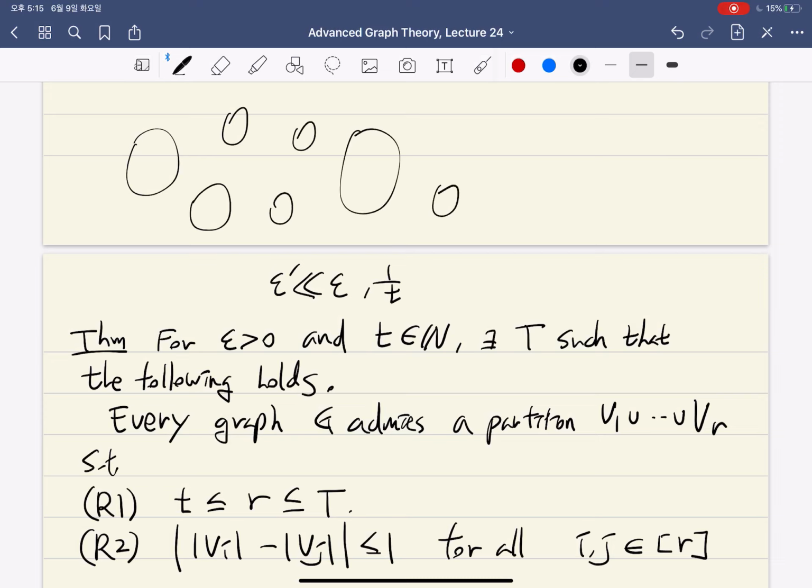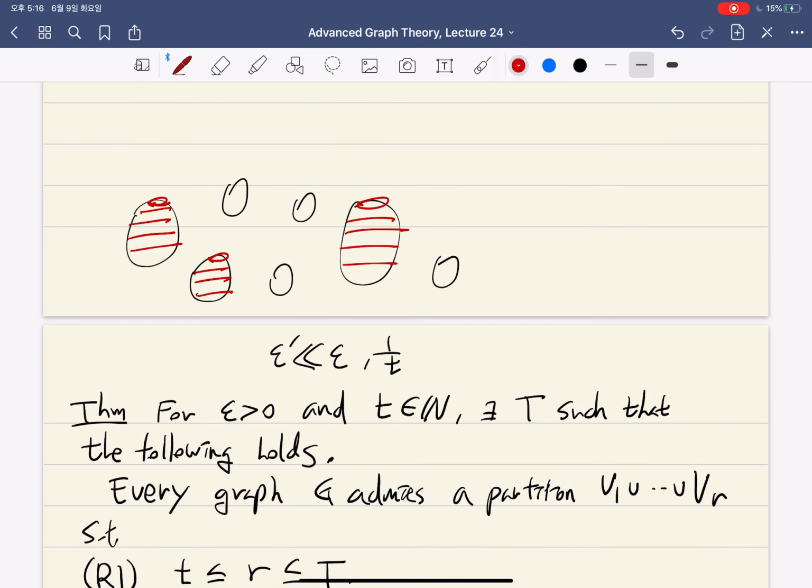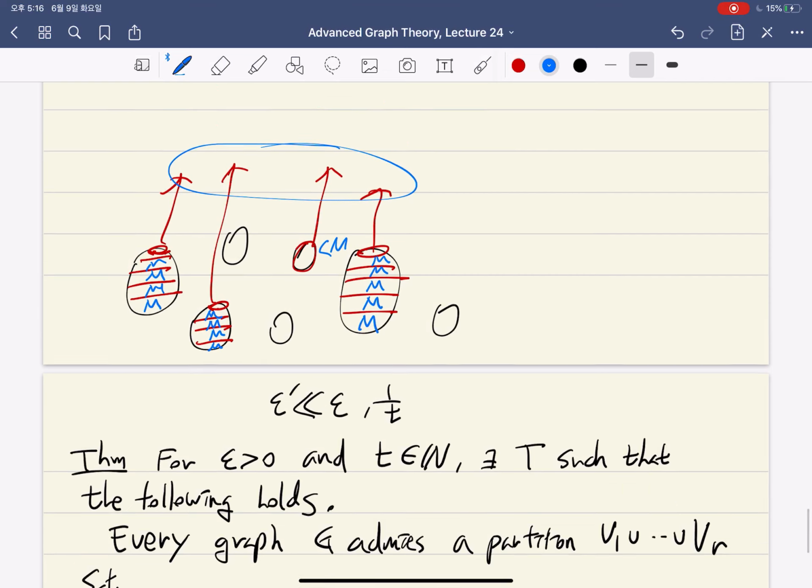It could have many small sets and large sets. What we do is, if you have a large set, we partition it into sets of the same size, and if some set is so small, then we collect them. Let's say we have some number m. Every set with size bigger than m, we take a set of size m from it, and if some set has size smaller than m, then we collect it.